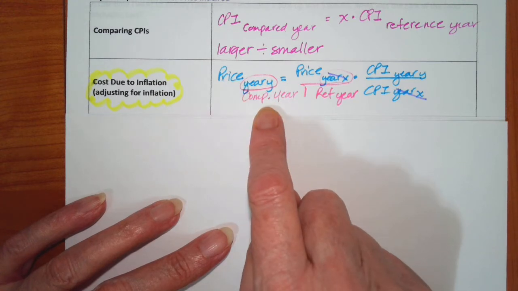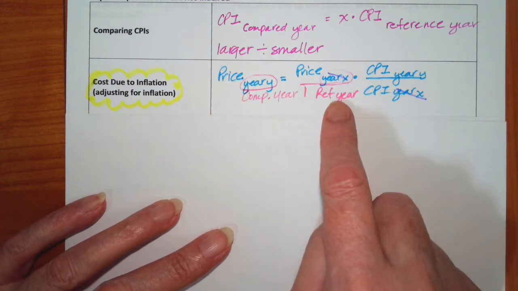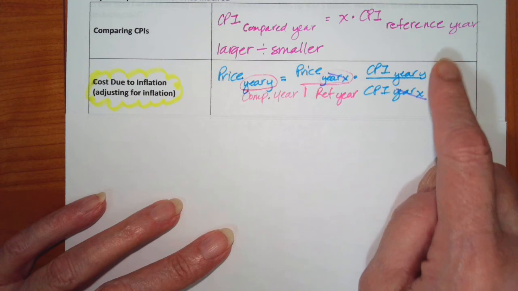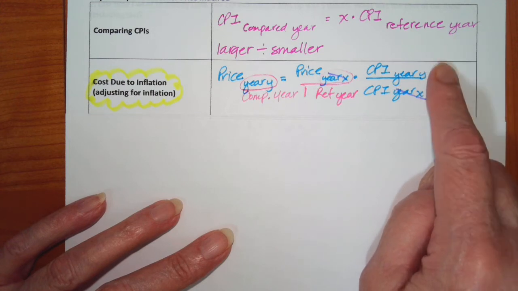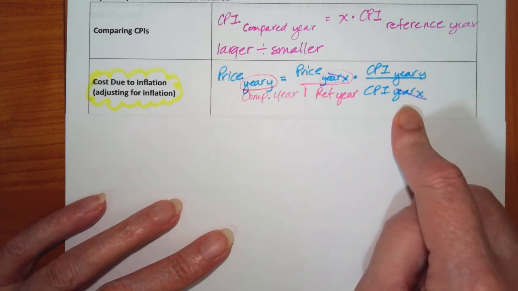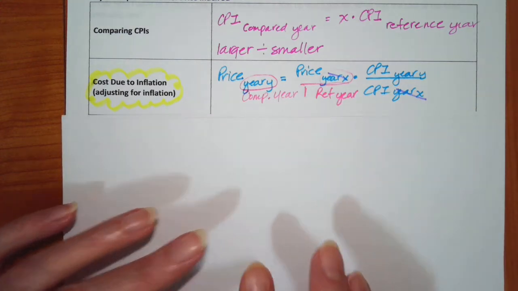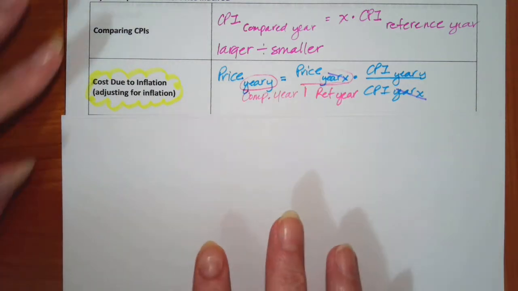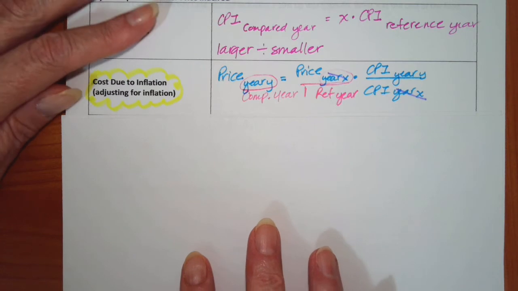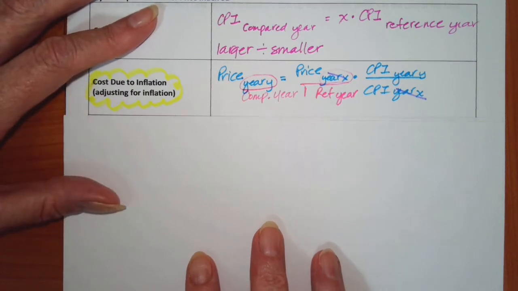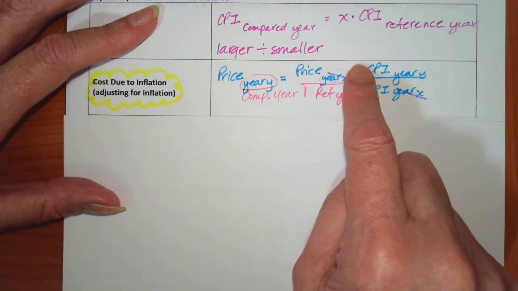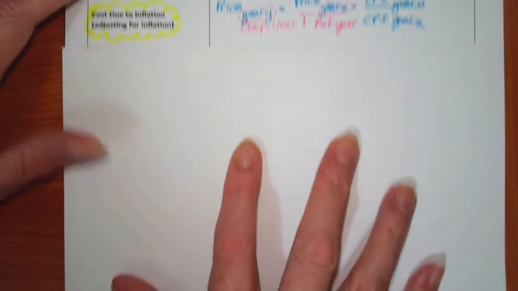That's what we're looking for. So that's going to equal the price in your reference year times the CPI of the compared year divided by the CPI of the reference year. Okay, I have never found a good way to abbreviate these, but whatever you do with them is absolutely fine. Okay, and then of course, since your price, you're going to turn it into a fraction by just putting it over 1.